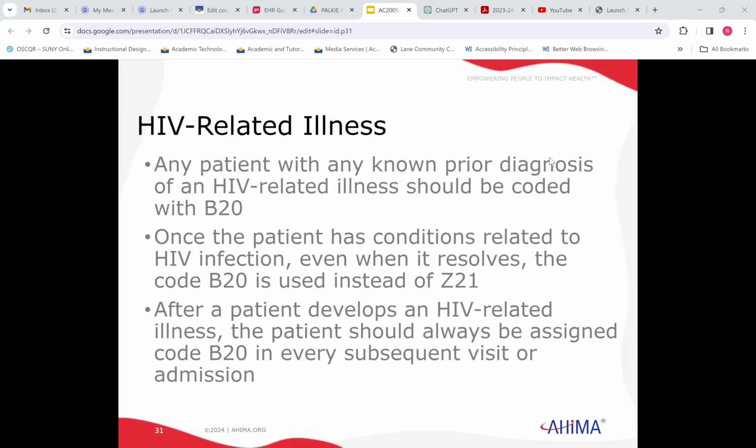I've known of several people that say I no longer have any symptoms, I no longer have AIDS. This isn't true in the sense of coding purposes. Once they have the manifestations and active AIDS, they're always considered to have it. It's a one-way path from Z21 to B20.